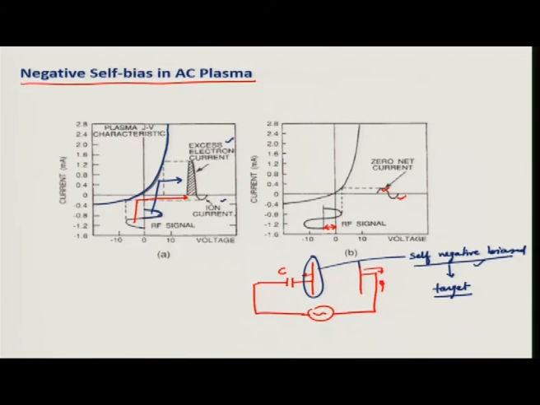So, the net current becomes 0, and there is no more change in the potential of this electrode. This negative potential of the target is sufficient to accelerate ions towards it to result in sputtering. So, this is how an AC plasma works for thin film deposition.